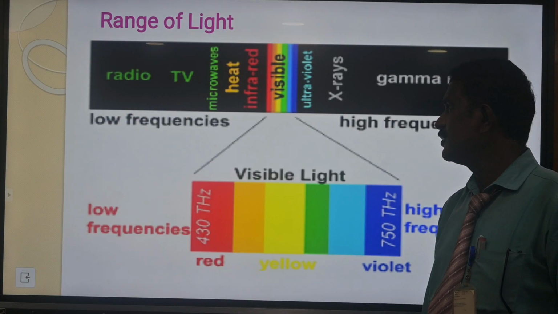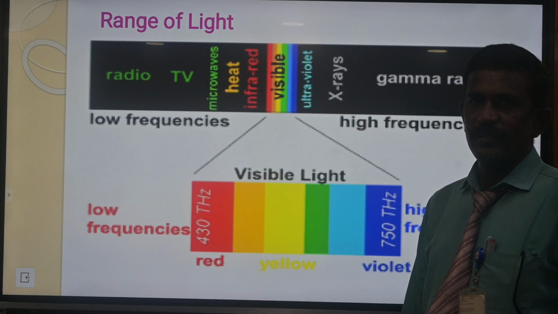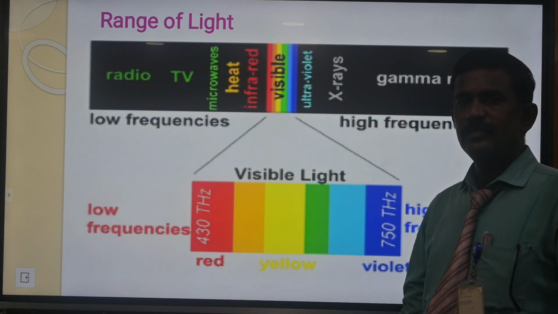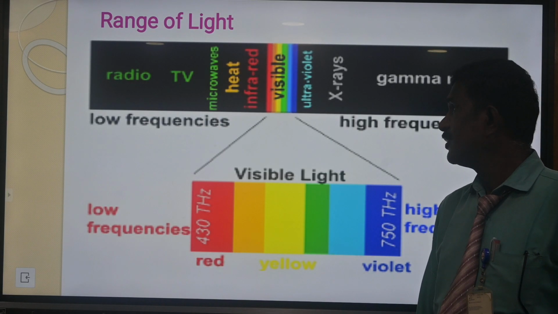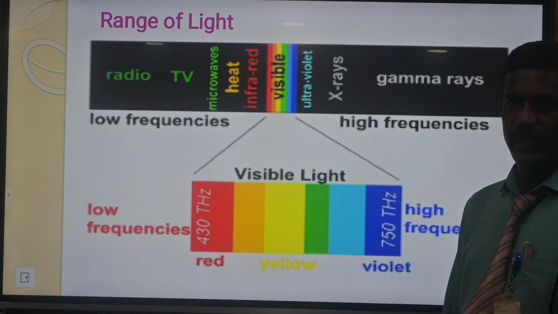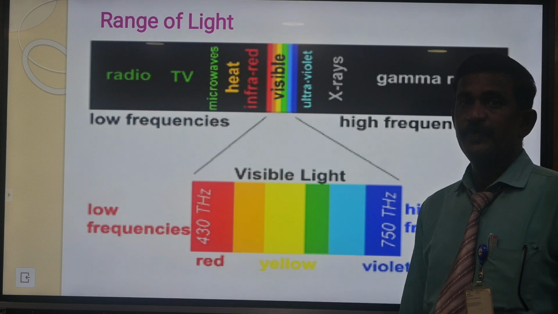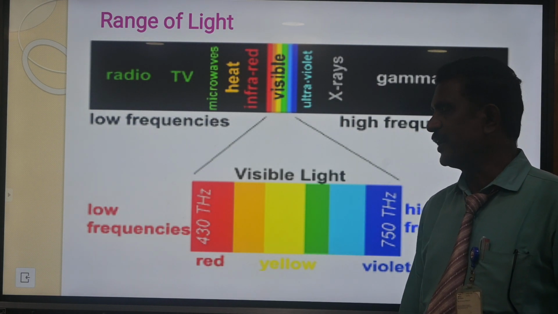After visible light, ultraviolet will come, and then the next higher frequency light energy is X-ray and then gamma ray. So this is the complete range, or we can say the spectrum of electromagnetic radiation.